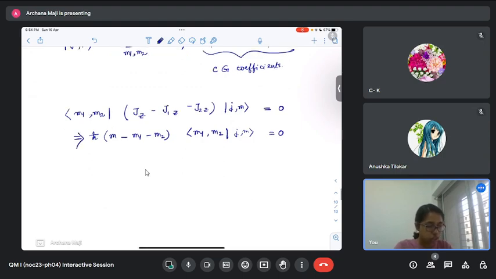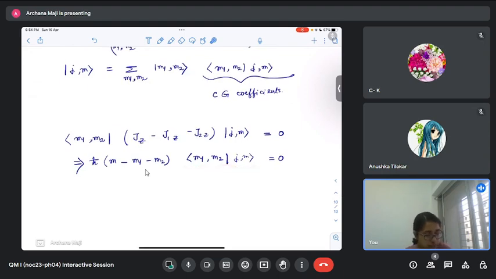Now I'm saying that Jz equal to J1z plus J2z. So this matrix element is actually 0, and when we act these operators on the states, we get the eigenvalues corresponding to these operators, M h cross minus M1 h cross minus M2 h cross, and then this is the CG coefficient that remains.